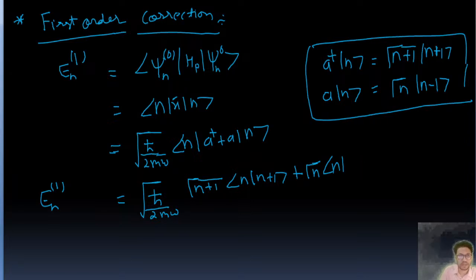The states are different, right? N minus 1. It means this value is 0, this value is 0. So the first order correction of the harmonic oscillator is, this is 0, this is 0. So a_n1 equal to 0. First order correction is 0, for the case of simple harmonic oscillator.